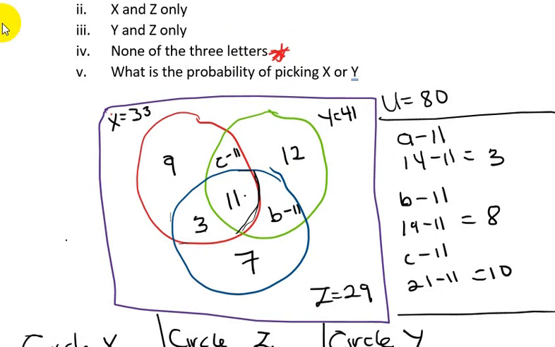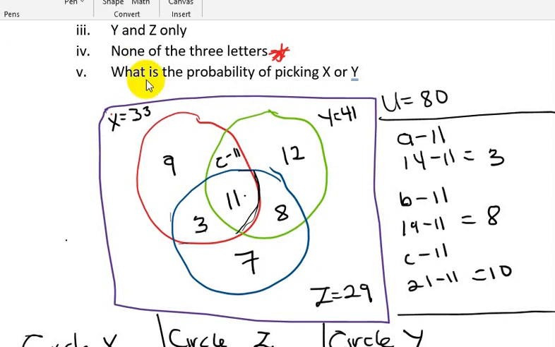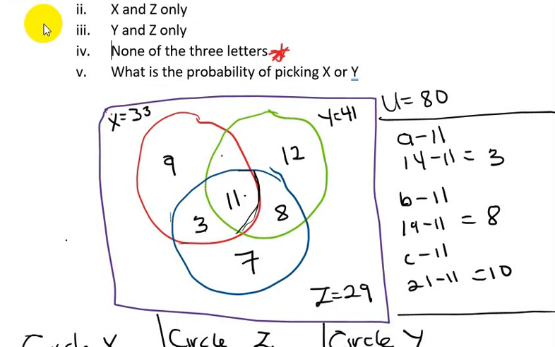B is 8, so we can boldly write 8 over here. And C is 10, so we write 10 over there. You can redraw this diagram at the bottom so that it can help you answer the questions. Okay, good.